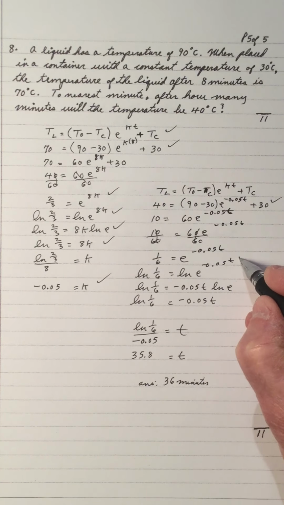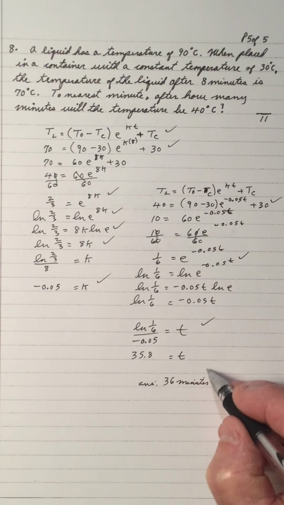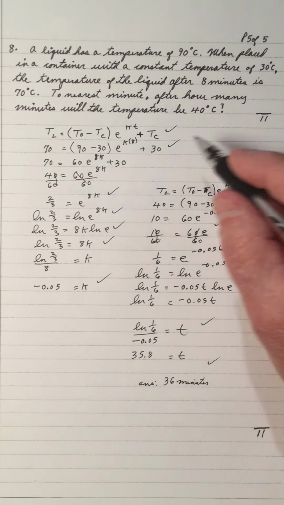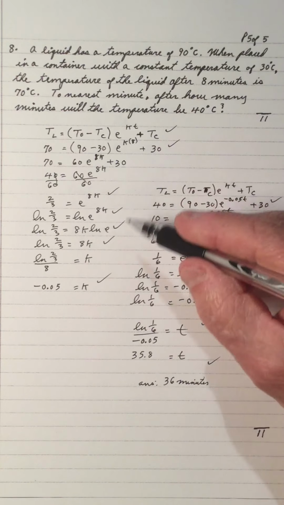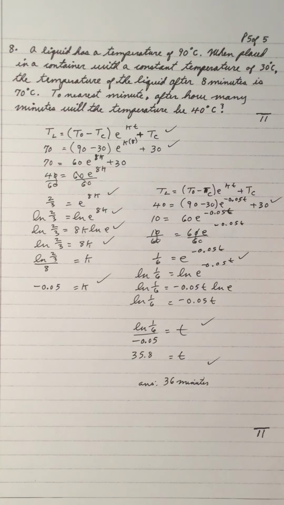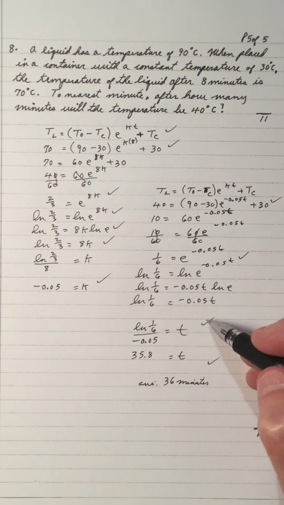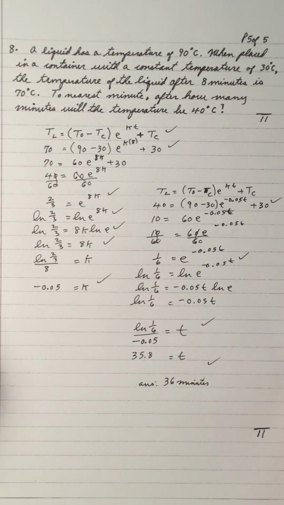Notice I gave 11 marks. I could have given 5 and give certain marks in certain positions, but it worked all the way through. 1, 2, 3, 4, 5, 6, 7, 8, 9, 10, 11. And 11 for that page.